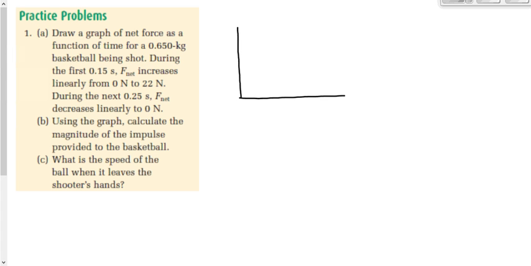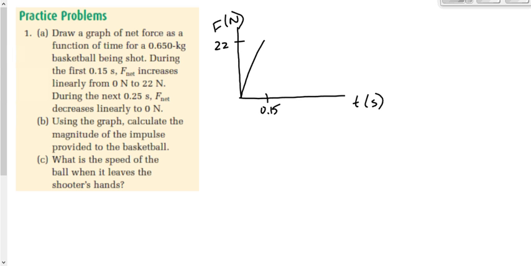So let's draw the y-axis, force, in newtons. The x-axis, time, in seconds. The good news is at least we're in standard units here, right? A lot of times we're in kilonewtons or milliseconds or 10 to the minus 1 seconds. Let's say this is 0.15, 22 newtons.